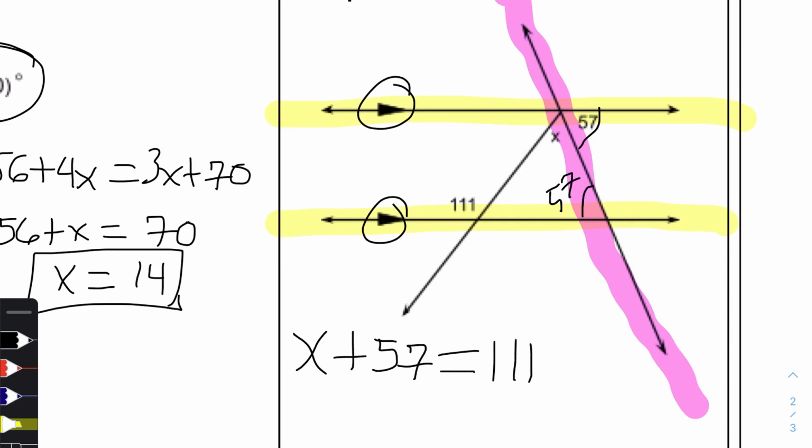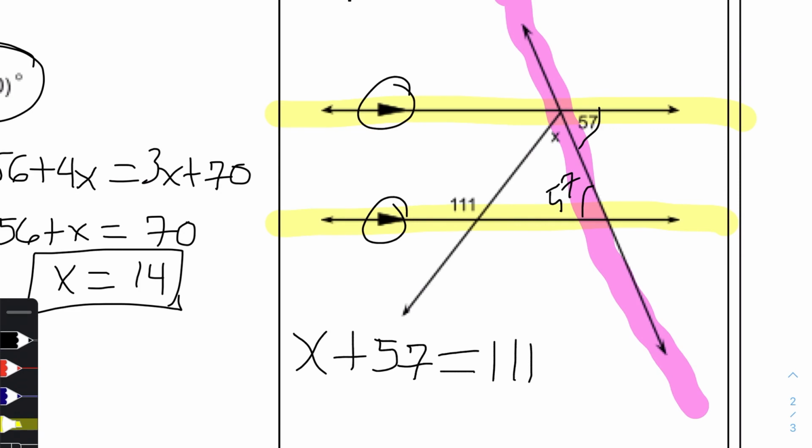Remember on the XO practice, we said that a transversal intersects two parallel lines. There you go. And that's how we knew that 57 could go down here. The actual definition is alternate interior angles, but in case you forgot those, remember you label your A's and your O's, acute and obtuse, and then you would have figured out that 57 is right there.